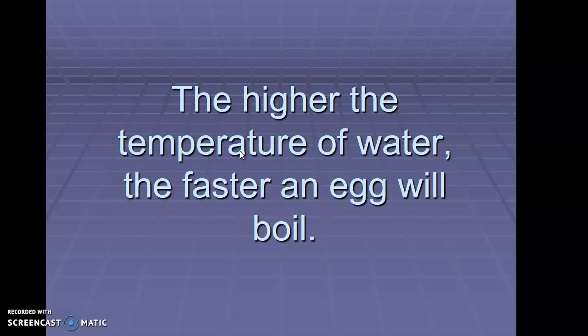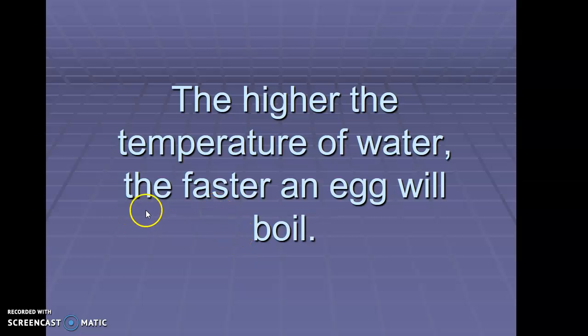Here's one more. The higher the temperature of water, the faster an egg will boil. So let's think about the independent variable here. What are you in charge of changing? Now, sometimes it's easier if you're confused to figure out what you're going to measure. What are you trying to figure out? And that will be your dependent variable.